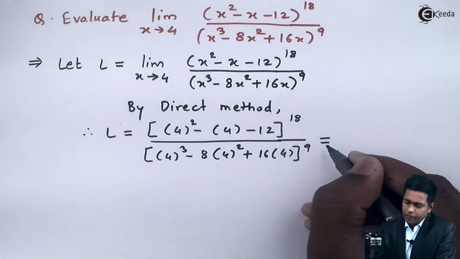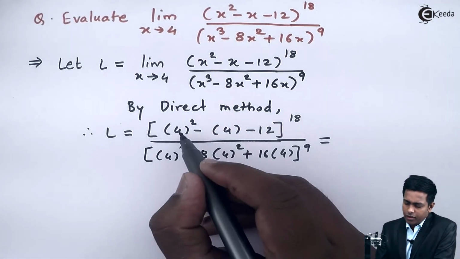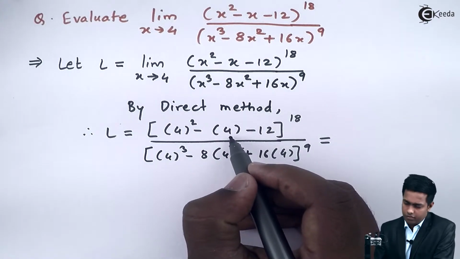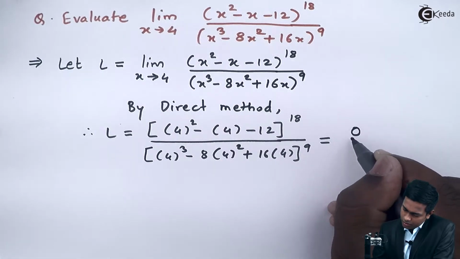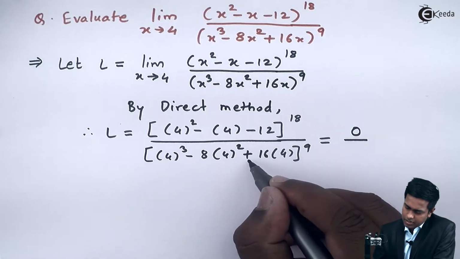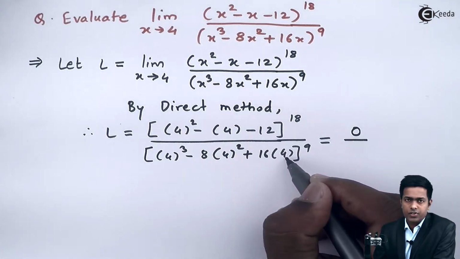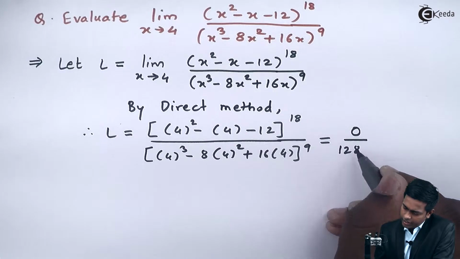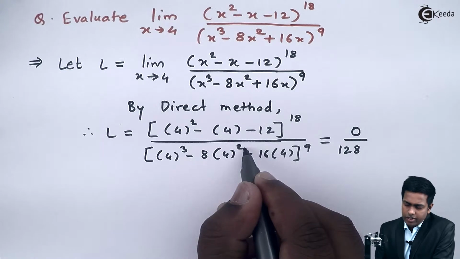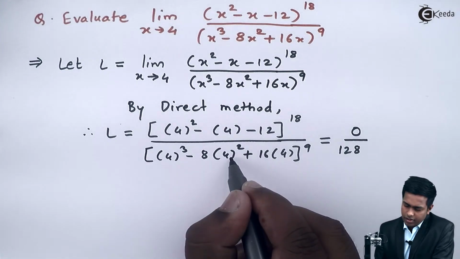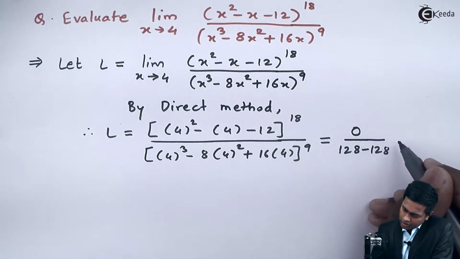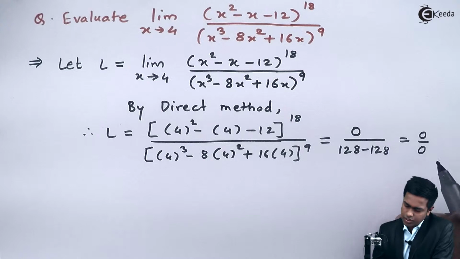Now if we calculate the value, here we will get 4 square, that is 16, minus 4, that is 12, minus 12 is 0, and here 4 cube, that is 64, plus 16 4s are 64, which will become 128, and minus 8 into 4 square, that is 16 into 8, that is 128, so minus 128, which will give us 0 upon 0.